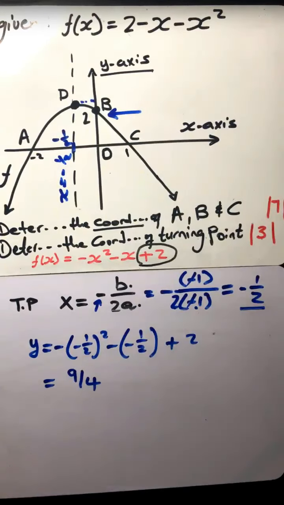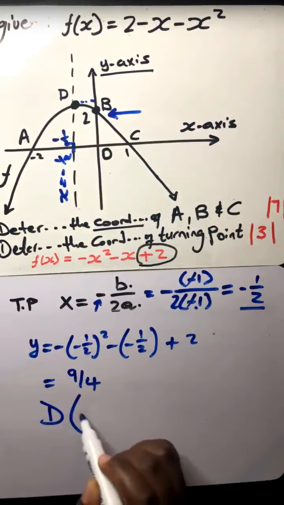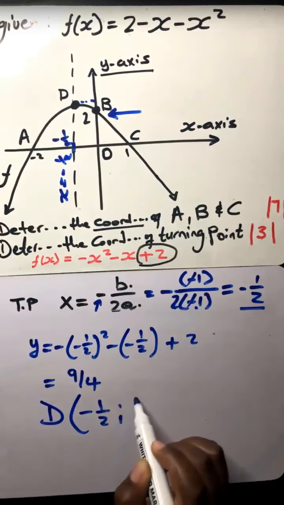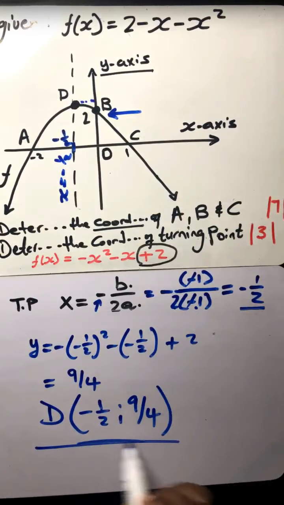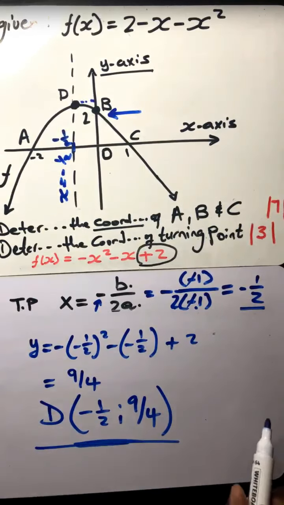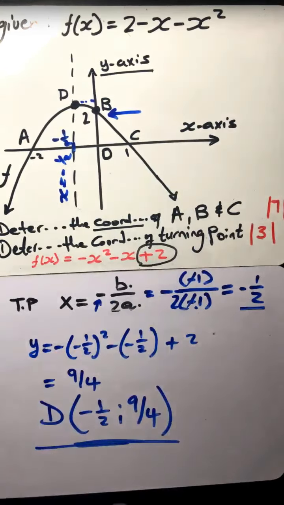So that means all of us are getting +9/4, which means for us to answer the question, guys, we must say D is -1 over 2 and 9/4. This is what we call the coordinates. In this way, you have answered the question because they said determine the coordinates of the turning point. So does it make sense to everyone? Yes, sir.